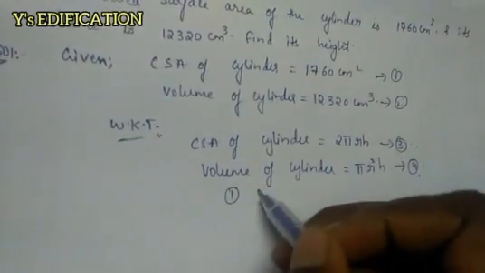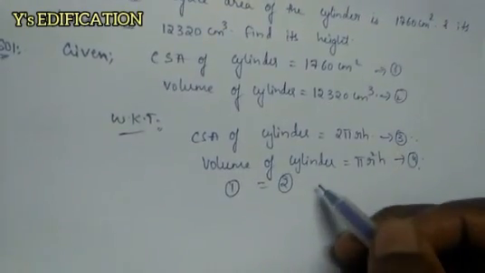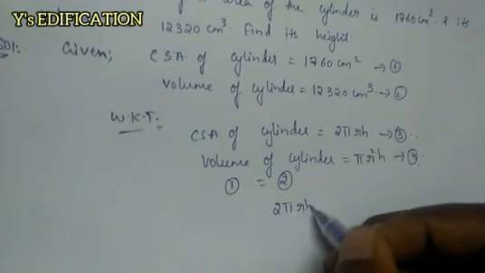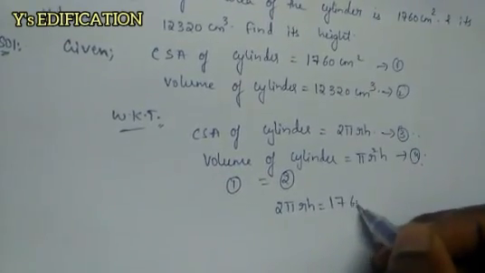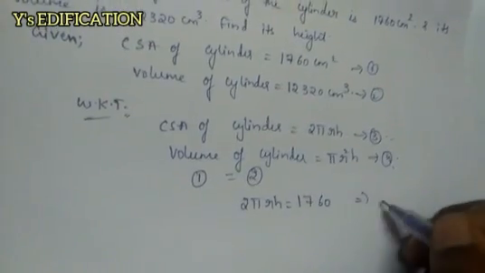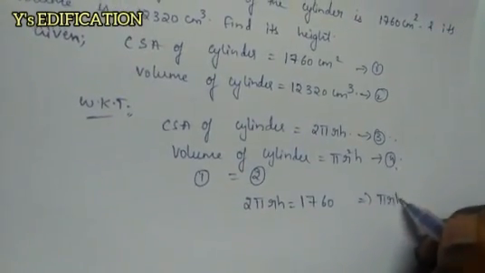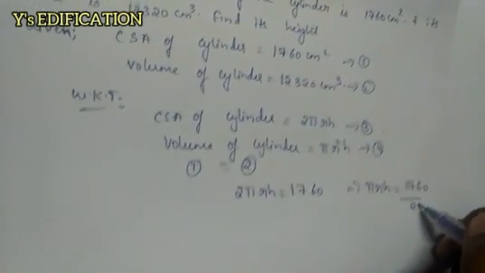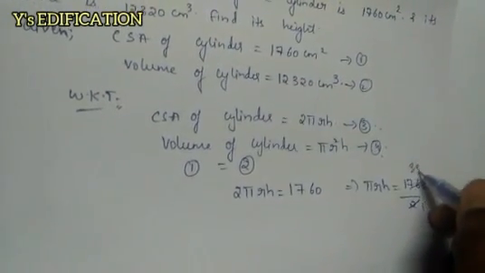So equation 1 is equal to equation 3. That means 2 pi r h is equal to 1760. So send this 2 to the RHS. Pi r h is equal to 1760 by 2. 1760 by 2 means 880.